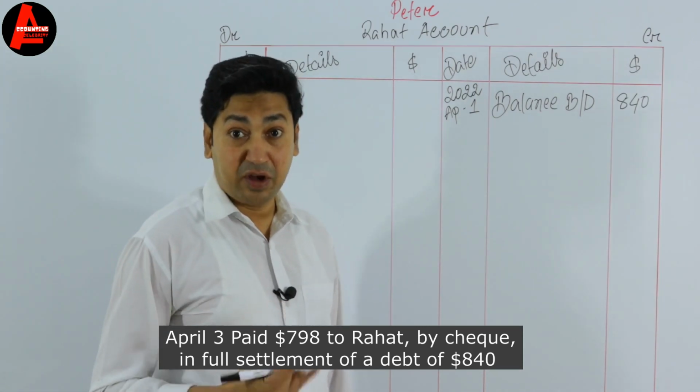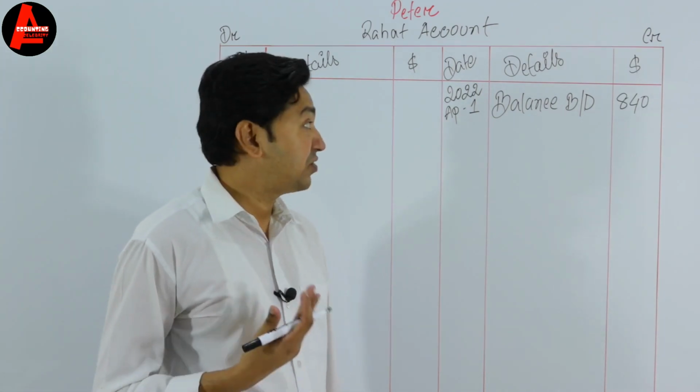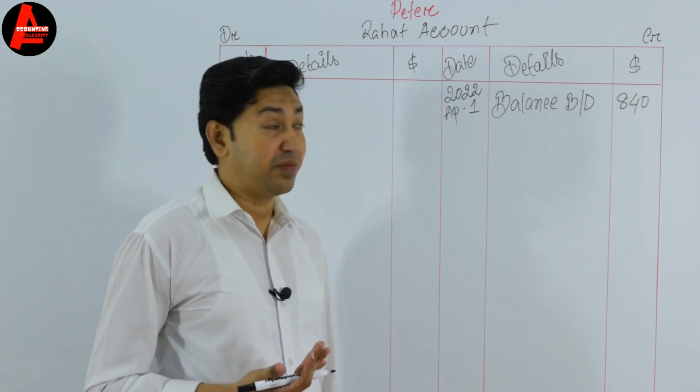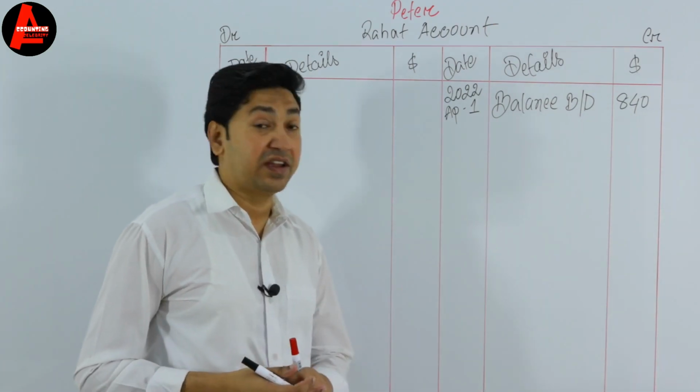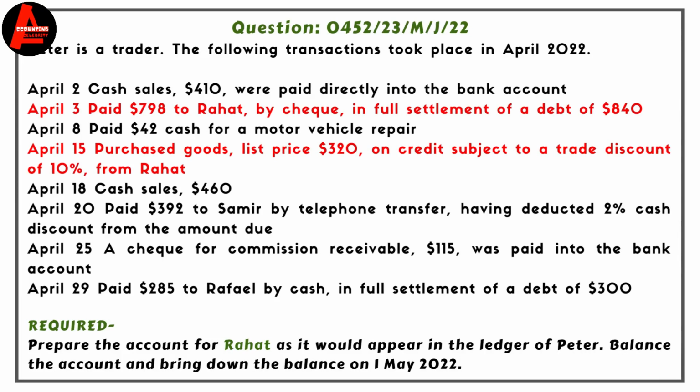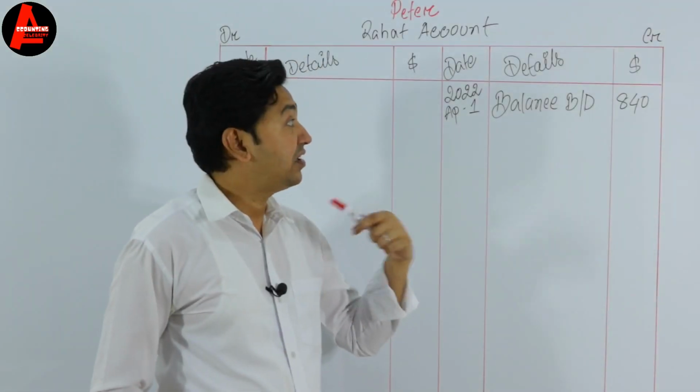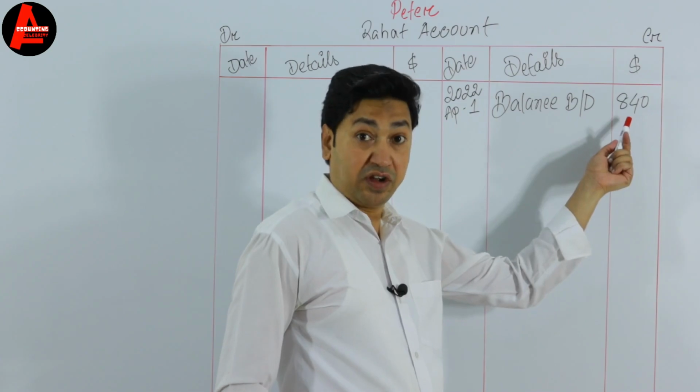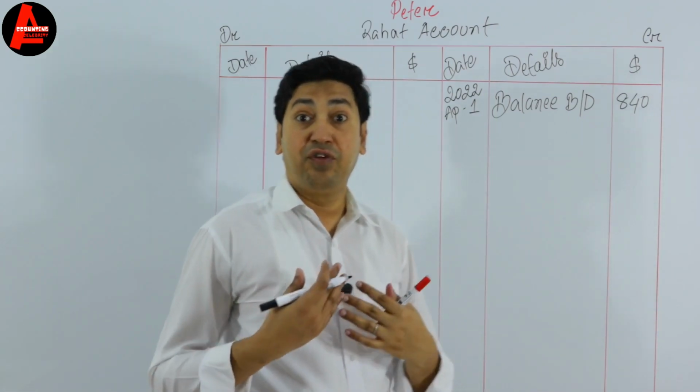We owe this amount, we have to pay this amount to the supplier. So it is a credit balance and we wrote it on the credit side. Then the question says, I paid $798 to Rahat in full settlement of a debt of $840. So later, on April 3rd, this amount is paid in full settlement.